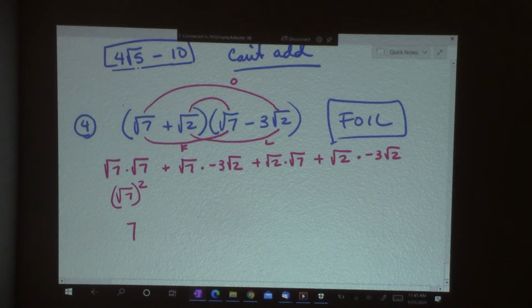The negative 3 stays on the outside, and then I put the square root of 7 times 2 underneath. So now I'm going to have the square root of 14 underneath. Again, I'm going to multiply, put everything under one square root, and then I simplify.